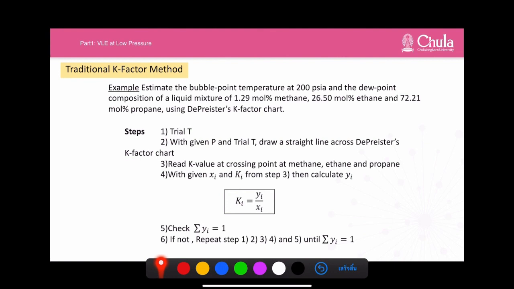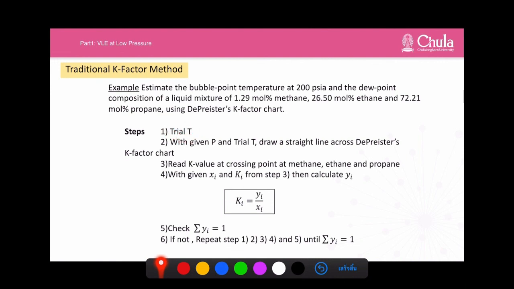Okay, for the steps of calculation, well, sometimes we need trial and error. For example, in this example we estimate the bubble point temperature at 200 psi for a liquid mixture composition of 1.29 mole% methane, 26.5 mole% ethane, and 72.21 mole% propane using the De Priester K-factor chart. We start from a trial T first, and then with given P and T, because P is already defined, right?